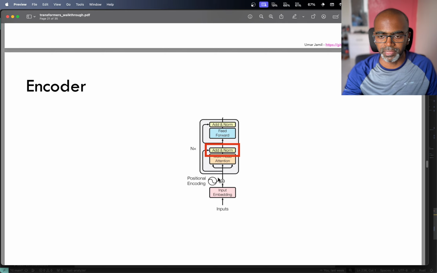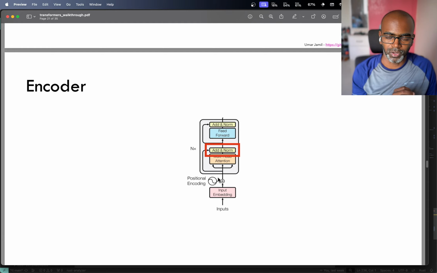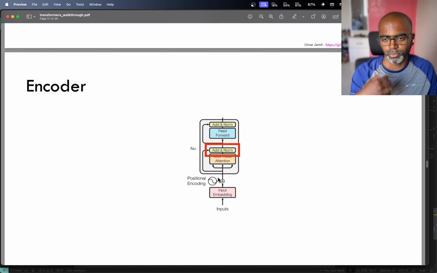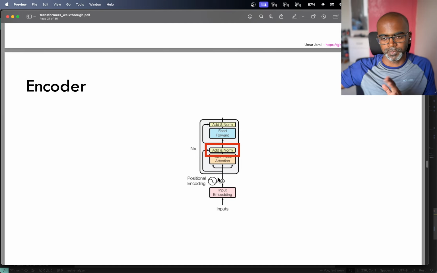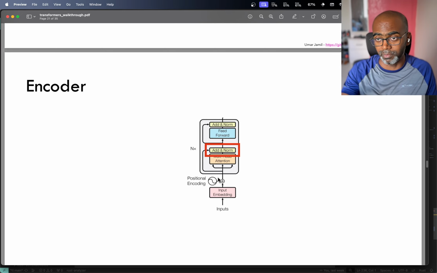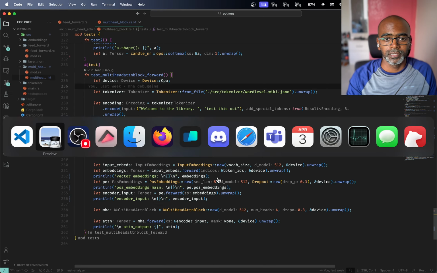We create what is called the encoder input, and then we supply that to the multi-head attention block, and let the multi-head attention block do its thing. And then we look at all the intermediate transformations that are happening. I'm just going to print all of them out for us.